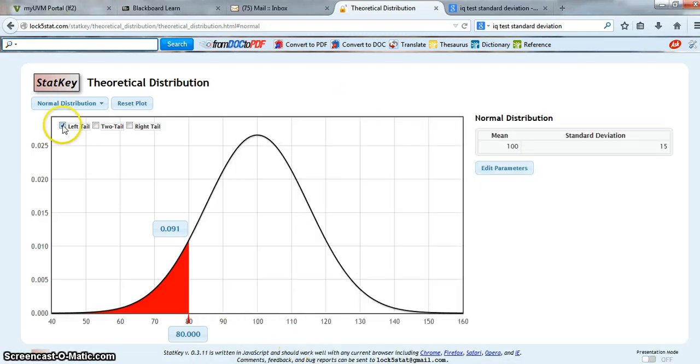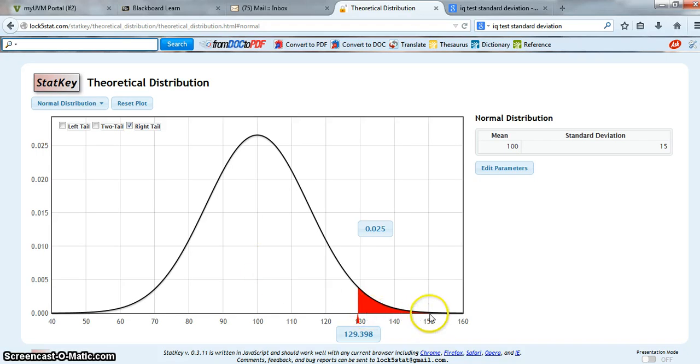Okay, so next we want to know what proportion of people score above 150. Now we're not interested in this left tail anymore. So here is our 150. We want to know the area under this curve to the right of 150. And we can see that it's going to be relatively small, but exactly what it's going to be we can find by using the right tail.